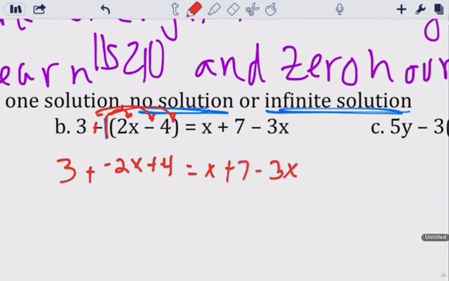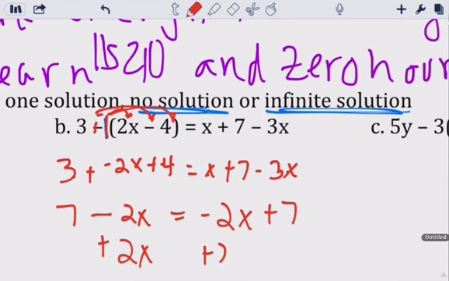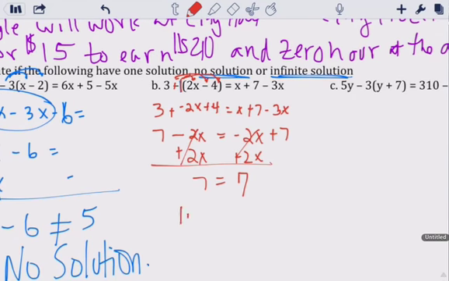Let's add these together. Negative 2x plus 7. Add 2x, add 2x. 7 equals 7. Infinite solutions.